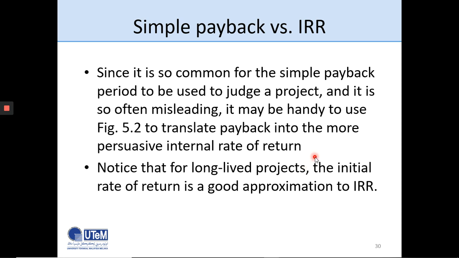Since it's common for the simple payback period to be used to judge a project and it's often misleading, we can possibly use the internal rate of return to translate the payback into a more convincing argument.